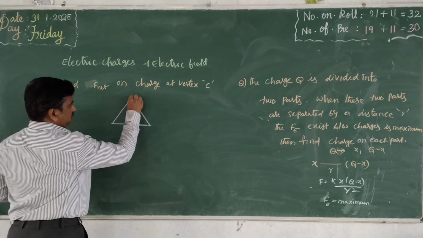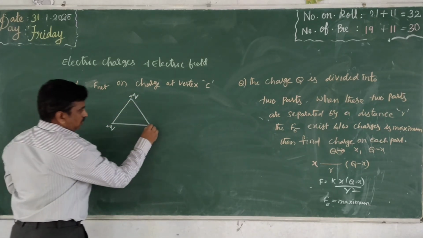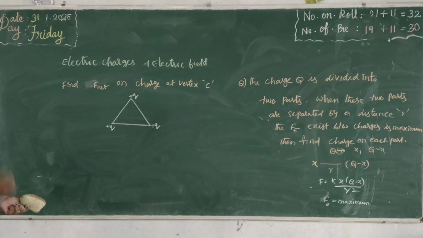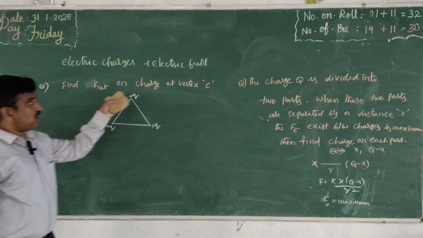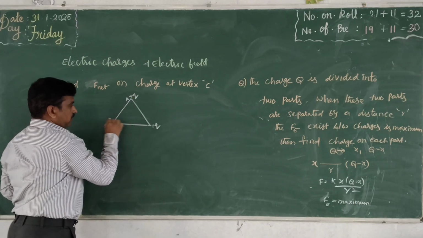Here one charge is there, plus Q. Here one more charge, plus Q. Here one more charge, plus Q. What do we find now here? Find the net force on the charge at vertex C. See, this is vertex A, B, C.